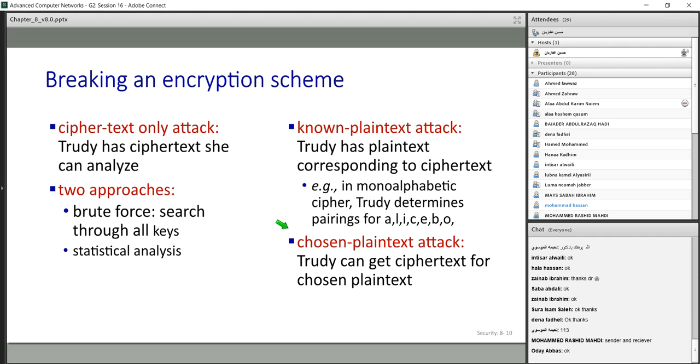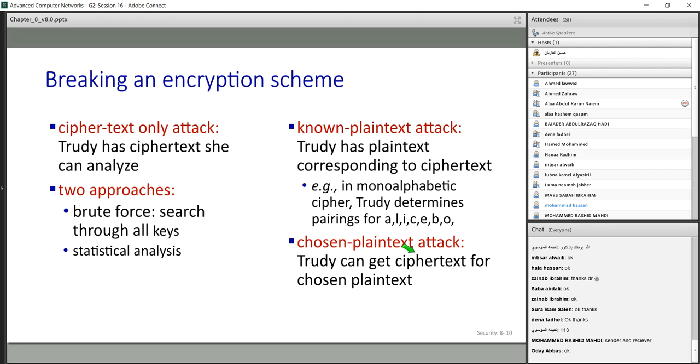And the other type of attack is the chosen plaintext attack. In this type, Trudy can choose and replace some text from the ciphertext with the text in plaintext, directly replacing it. In the first one, Trudy tries to replace the monoalphabetic characters, and in chosen plaintext, Trudy tries to replace a complete word.